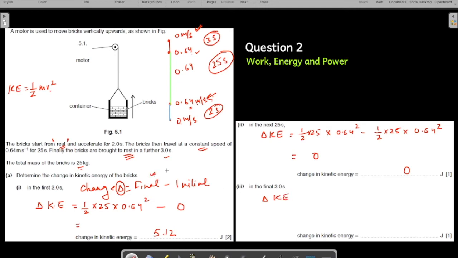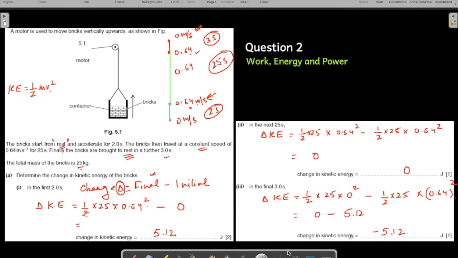First we'll find the final kinetic energy, which is half m times the final velocity, which is 0, minus half times 25 times 0.64 squared. So it becomes 0 minus this whole thing which you have already calculated here. So minus 5.12, your answer should be minus 5.12.